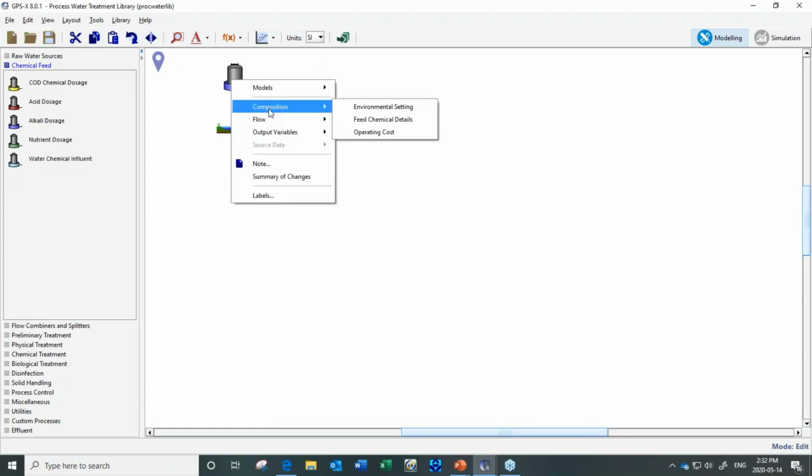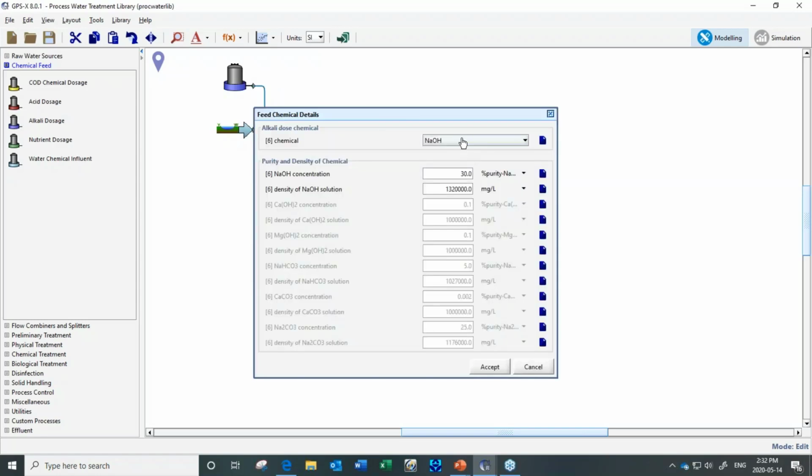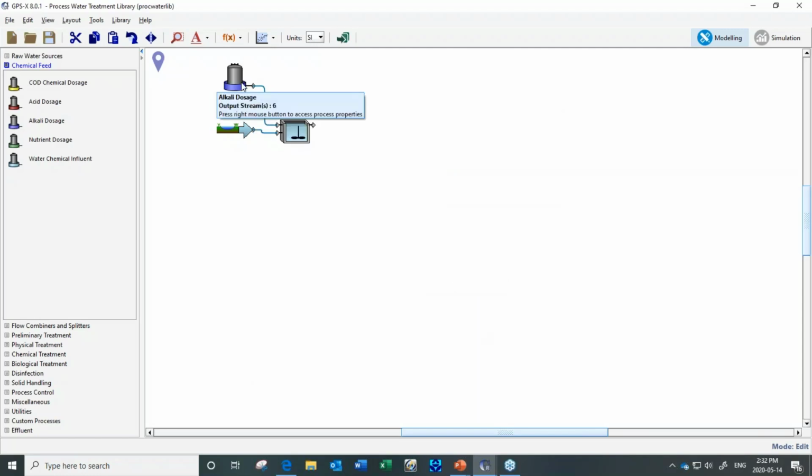And just to show you the chemicals, we have different feed chemicals here. You can look at the feed chemical details, and there are different types of chemicals: sodium hydroxide, calcium hydroxide, magnesium hydroxide, Na2CO3, calcium carbonate, and sodium bicarbonate. This is just the kind of alkali that we have in the system. But acids, there are a large number of acids that we have.